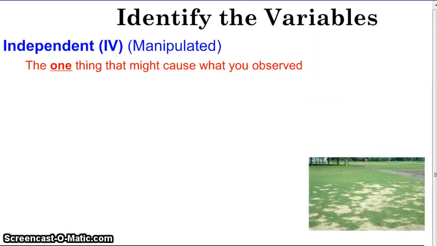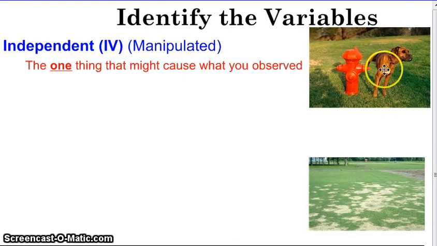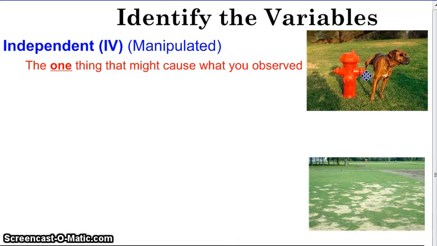And in this case, based upon your question, what is the effect of dog peeing, you're wondering if it is the dog urination that causes these circles, and you want to find out whether it's that. So that's your independent variable.